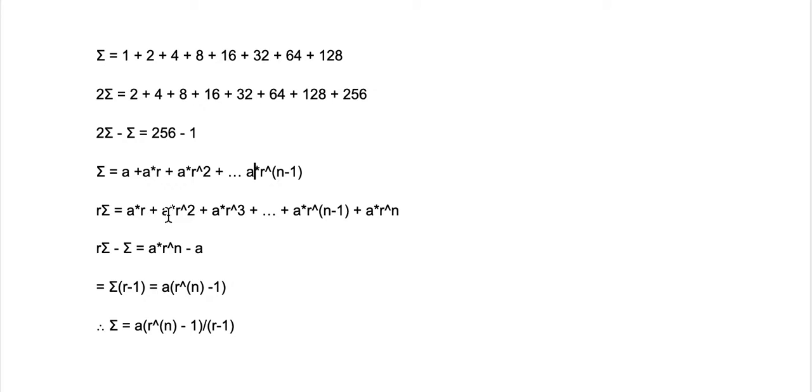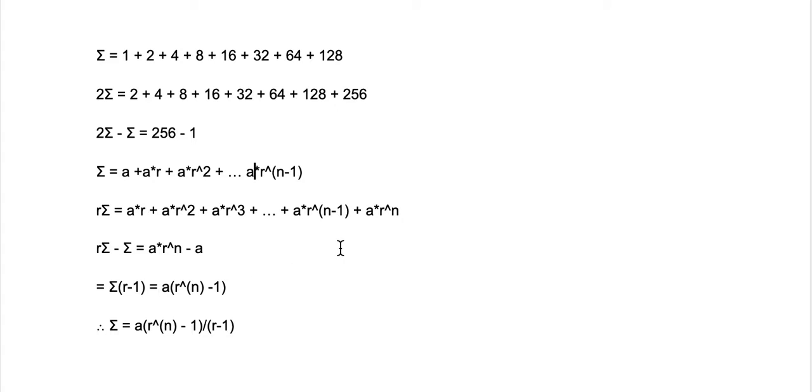R times sigma, so we have a times r square. R times r is r square. R times r times r is r to the third. Okay, so it just goes on, r to the 4th, r to the 5th, and so forth.